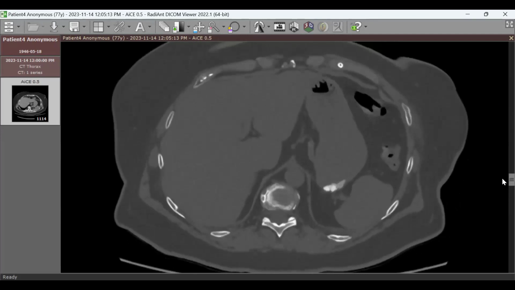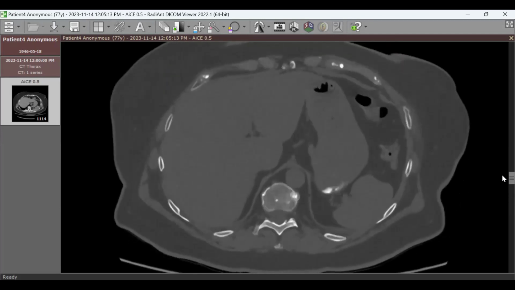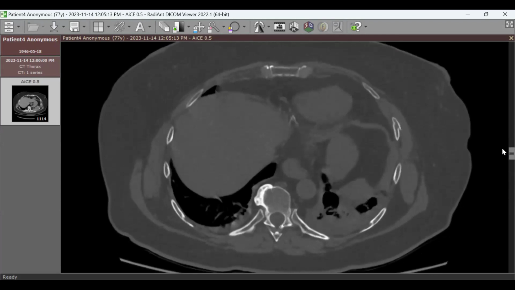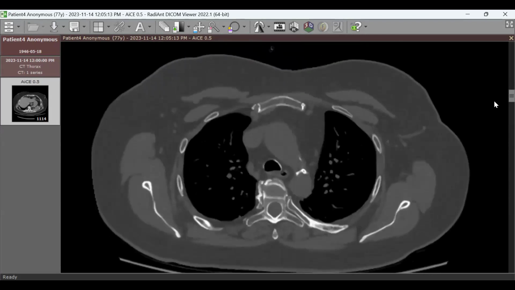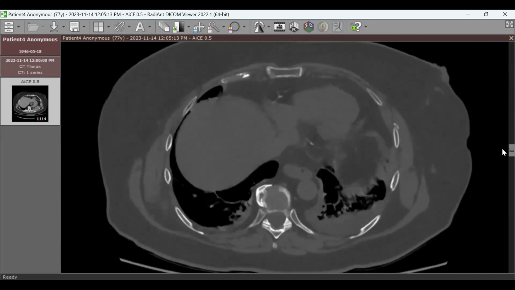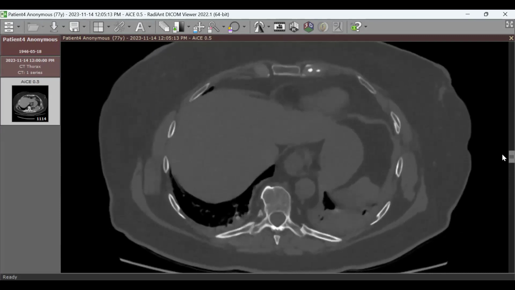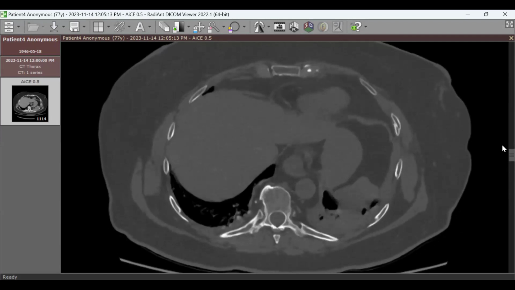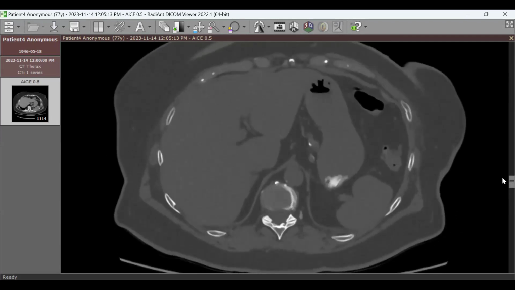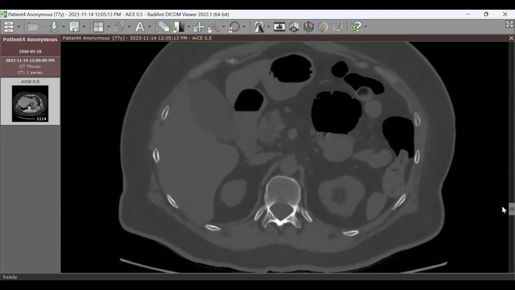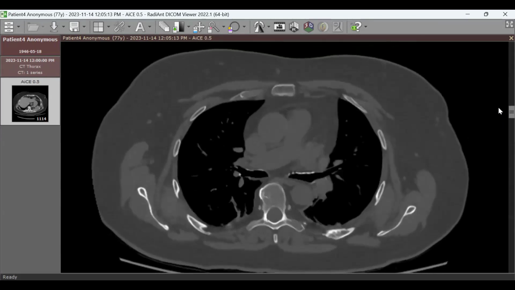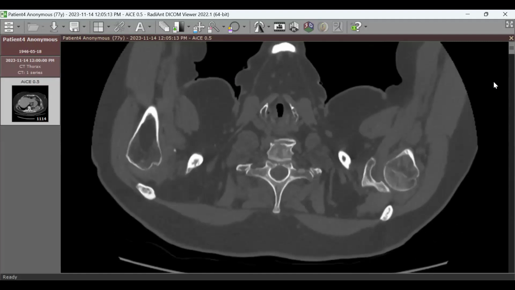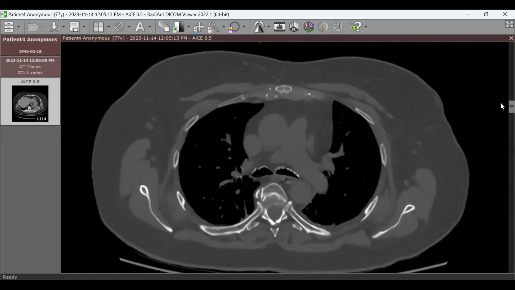No, not posteriorly. It's anteriorly, right? Yes, anterior rib fracture. Yes, this one. This one and this one. So 1, 2, 3. Okay. Ipsilateral pleural effusion.